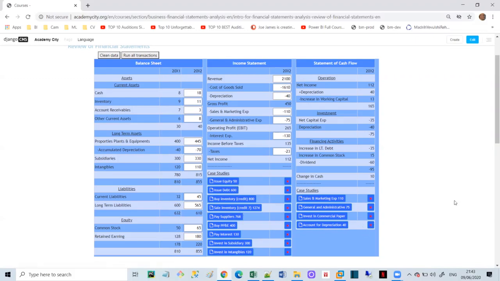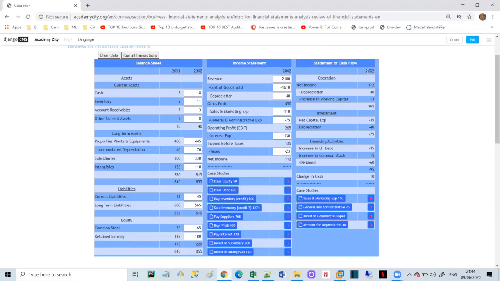Eventually you're going to get financial statements that look just like the one in front of us. We have balance sheets at the beginning of the year, balance sheets at the end of the year, meaning we moved from here to here, and we have the income statement for the second year. And then from the information here, we have the statement of cash flow.